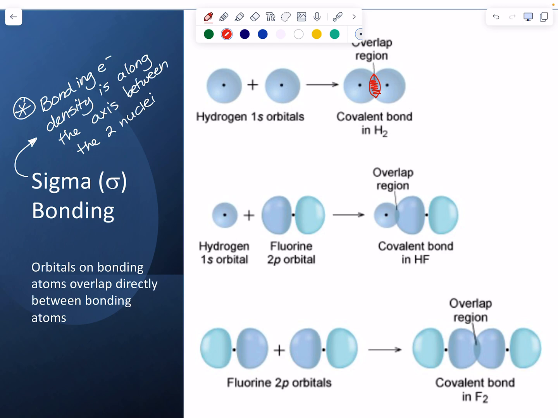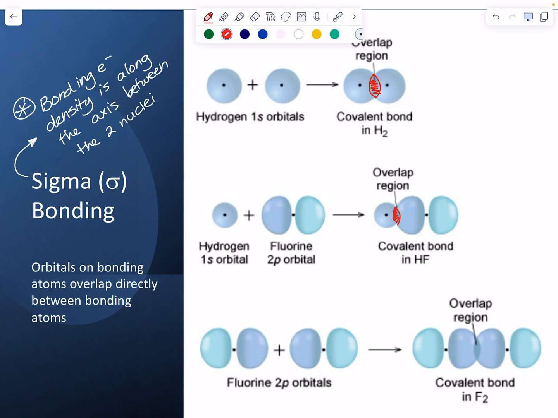Ones that lie right on the x-axis, ones that lie on the y-axis, and ones that lie along the z-axis, okay? So if I have a p orbital, it can overlap with hydrogen's s orbital. They can line up, and then I can get a bond.